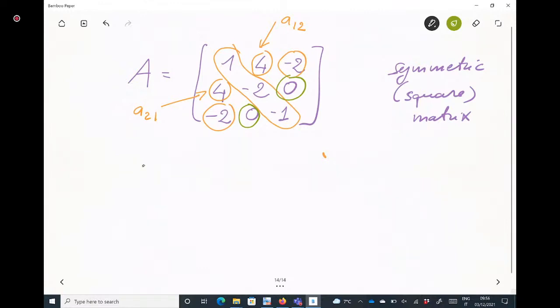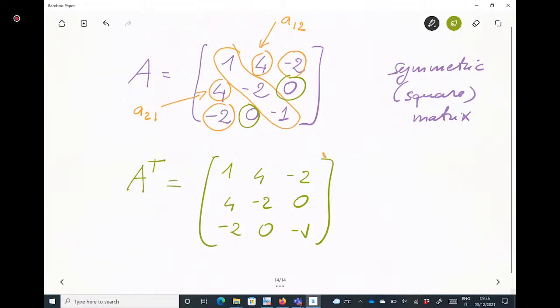Try to compute the transpose of this symmetric matrix. Exchange the rows with the columns. Of course, it is the same matrix. Because the elements are symmetric with respect to the main diagonal, if you replace the rows with the columns, you get the same matrix, because the first row is equal to the first column, and the second row is equal to the second column.